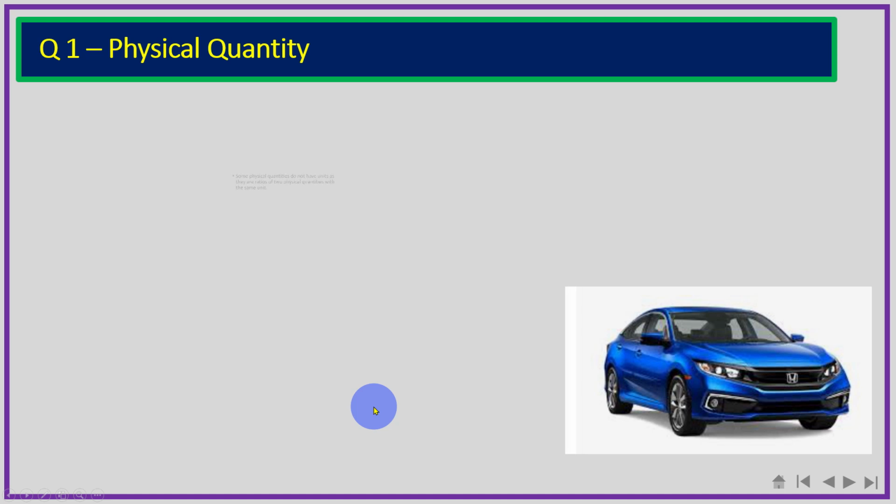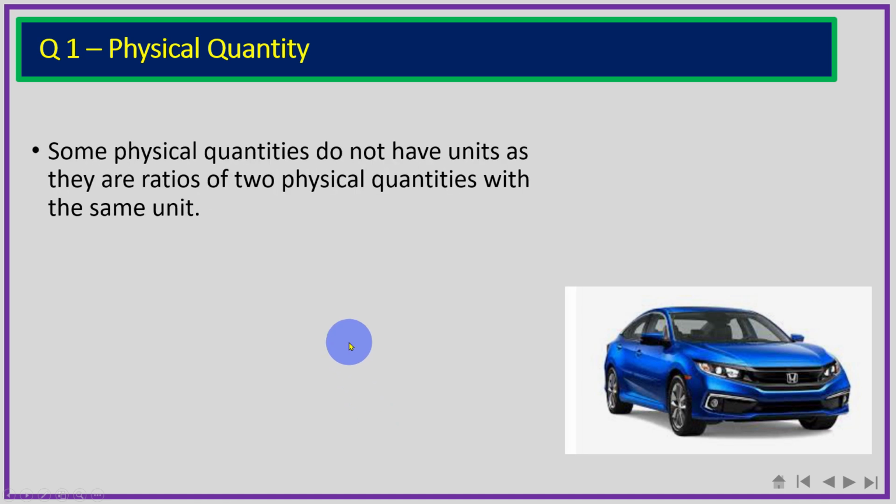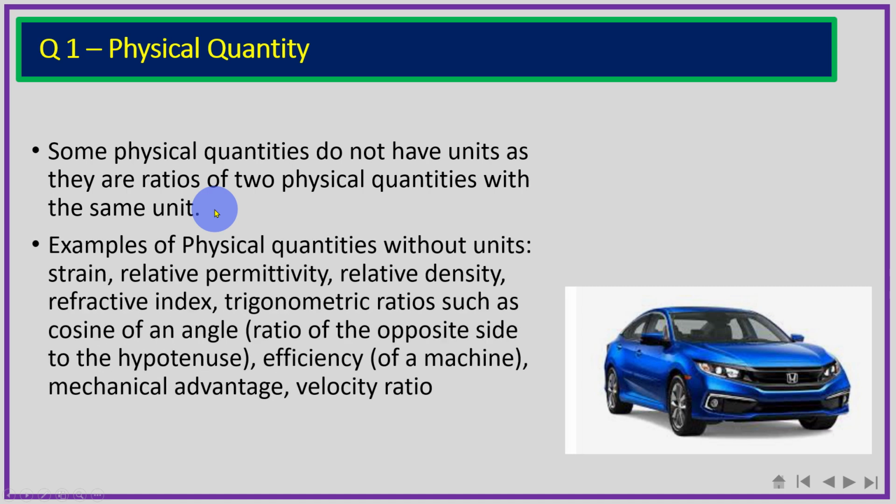Let's look at other points about physical quantities. Some physical quantities do not have units. They are ratios of two physical quantities which have the same unit. What are some of the examples? Examples of physical quantities without units include strain. You remember strain when we deal with Hooke's law? Strain is the ratio of the extension to the original length.